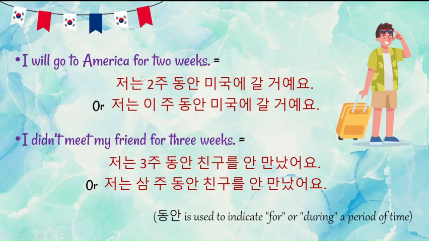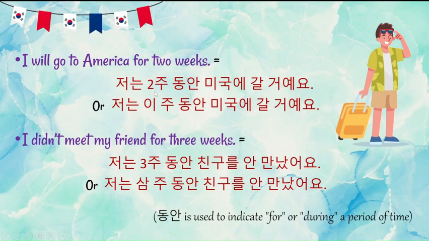I will go to America for 2 weeks. Now again there are two ways to write this sentence. We just discussed it while talking about days. You can use either the numeral form or the word form. When you are using the number, there is no space between the number and the counter.